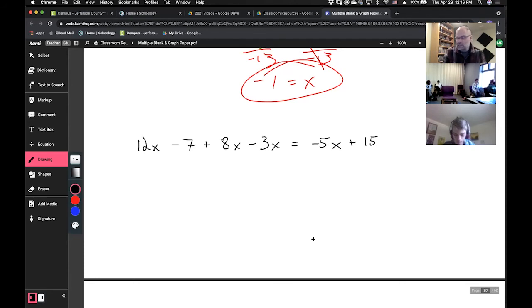So you're going to end up with the fraction on this one. I didn't end up with a fraction, Mr. Flack.